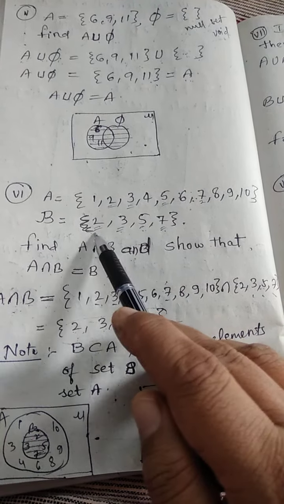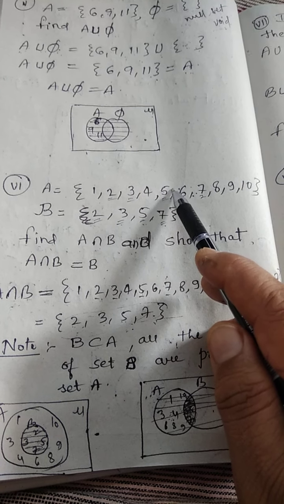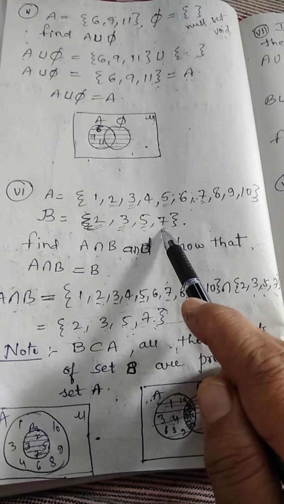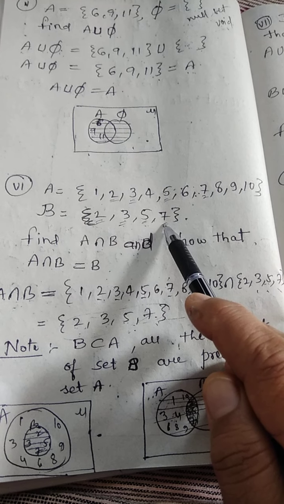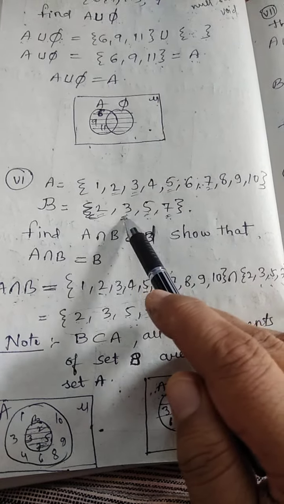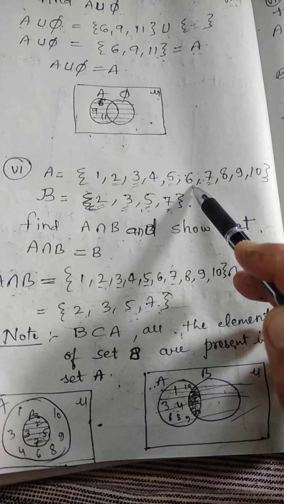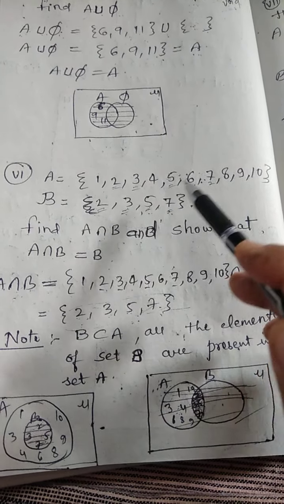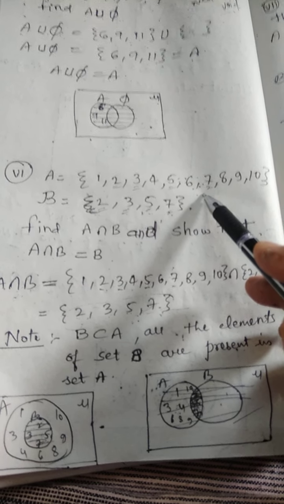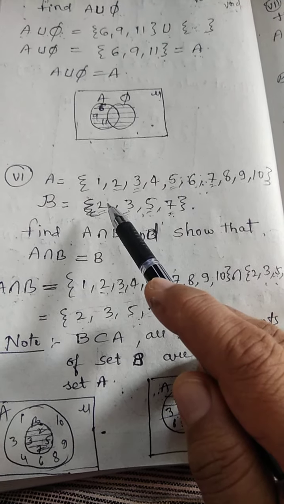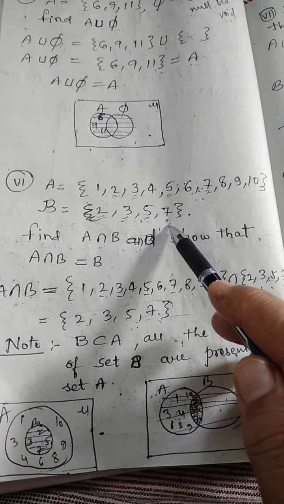All the elements of B are present in A. So 2, 3, 5, 7 are common elements. And all the elements of B are present in A means B is a subset of A. What are the common elements? 2, 3, 5, 7.